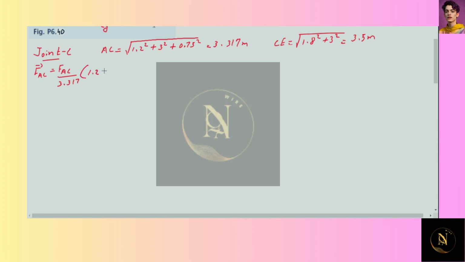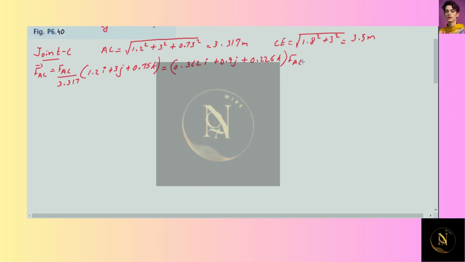Vector AC is actually 1.2 I plus 3 J plus 0.75 K. So dividing this by this gives you 0.362 I plus 0.9 J plus 0.226 K times FAC.